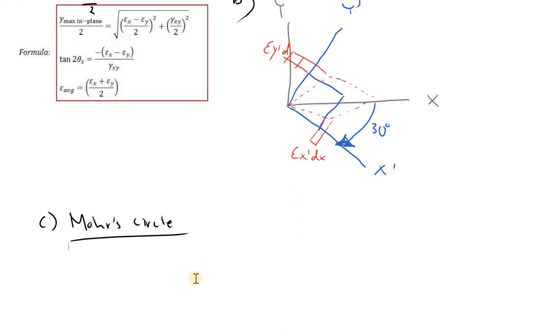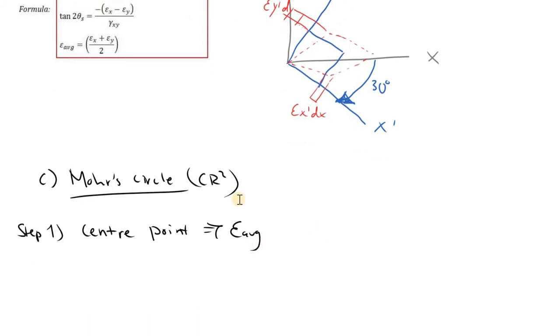Similar to when we did our stress calculation for Mohr's circle, we're still going to use the CR squared method, where C, our step 1, is our center point, which is basically our average strain in this case. So C equals the average strain, which is just the strain in X plus the strain in Y, divided by 2.